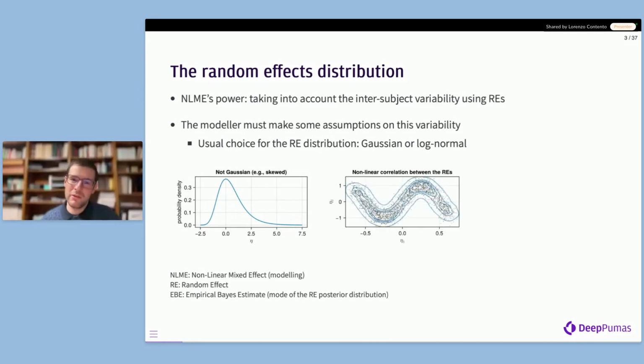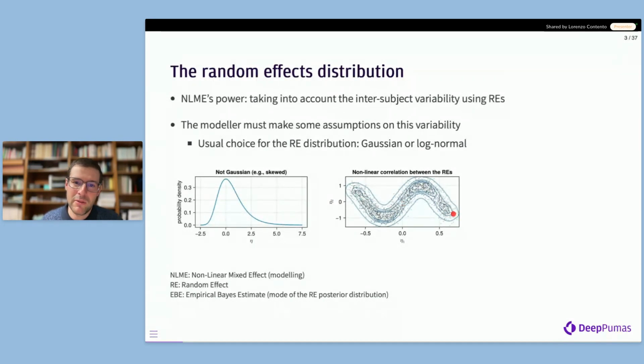Even more difficult to model with standard distributions are distributions that show nonlinear correlations between the random effects. For example, here we can see that there is a clear dependency between eta1 and eta2, so they look like a sinusoidal dependence.